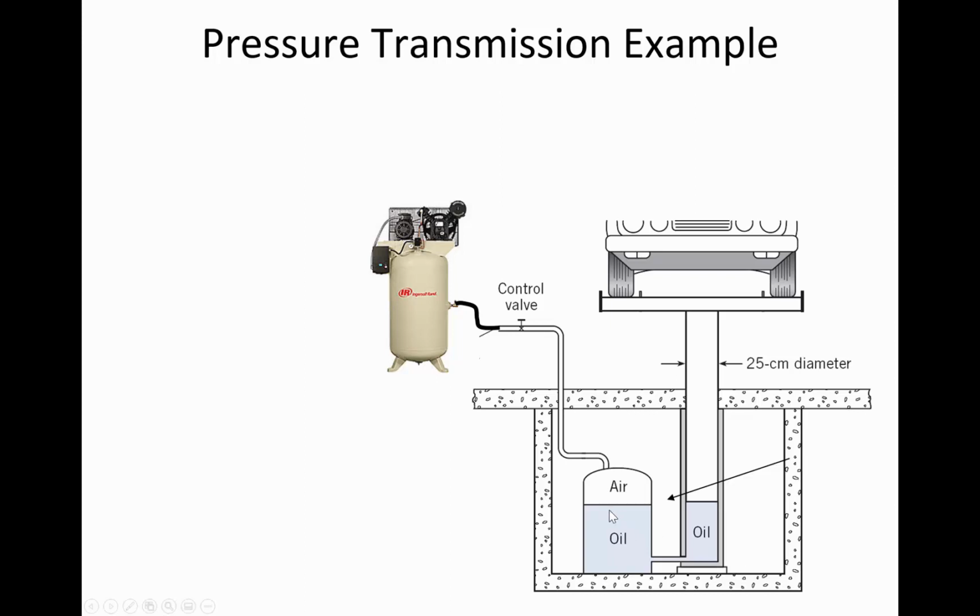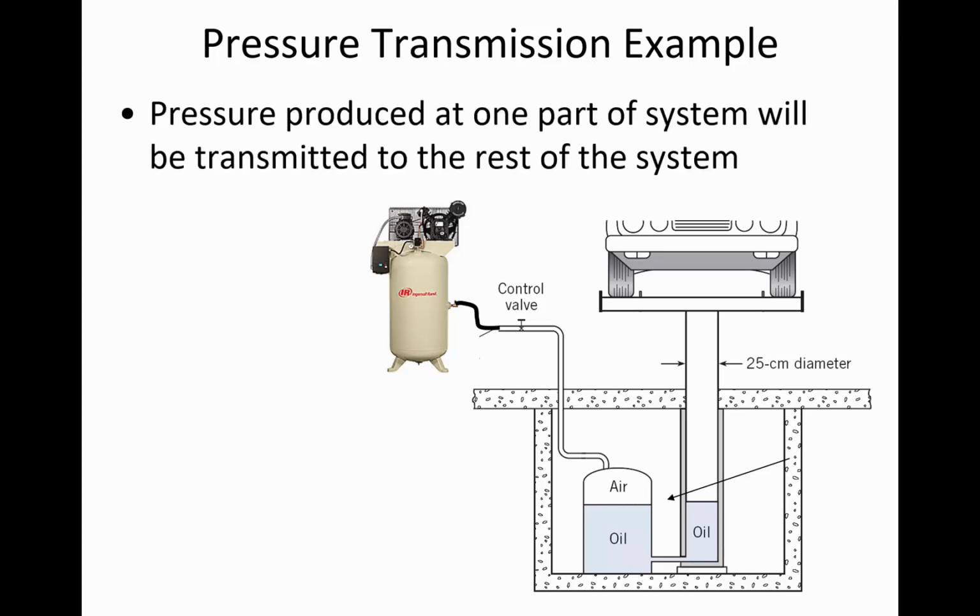The key idea that we need to start with is that the pressure of the air and the oil is the same everywhere along this boundary. And also, the pressure of the oil is still that same thing on this boundary. The air was pushing down on the oil from above, and the oil is pushing up on that steel cylinder from beneath.